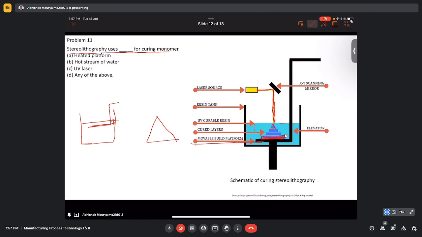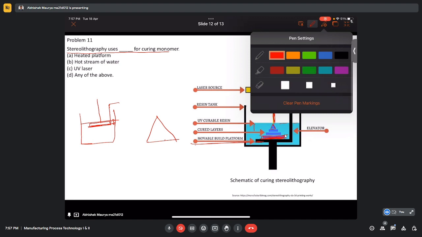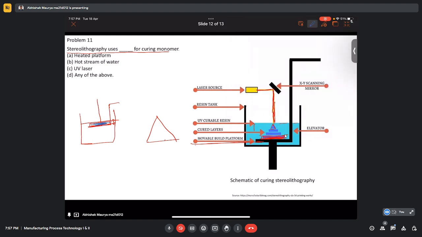Then with the help of the laser beam, it will travel from here to here, and material gets deposited over the platform. Then again we bring the platform a little bit more downwards, and we deposit another layer.